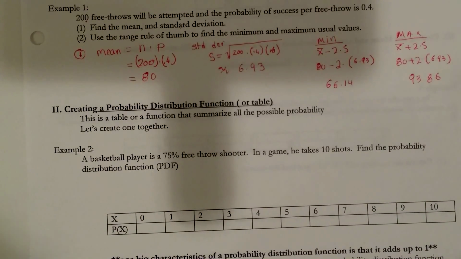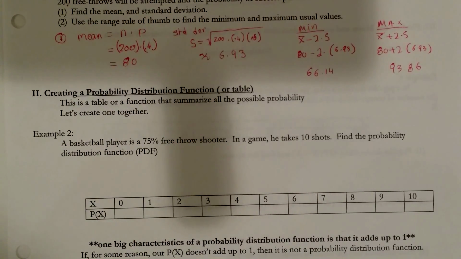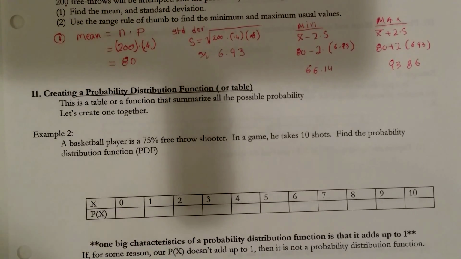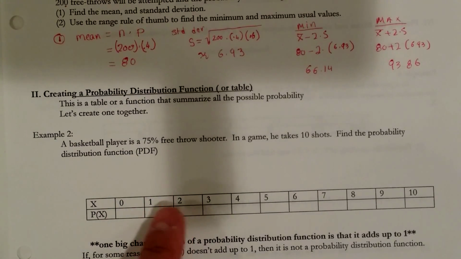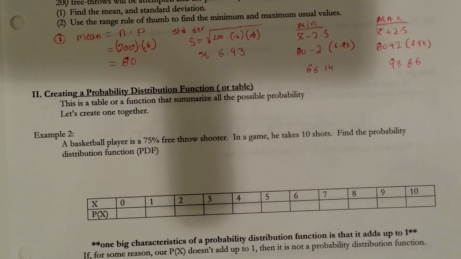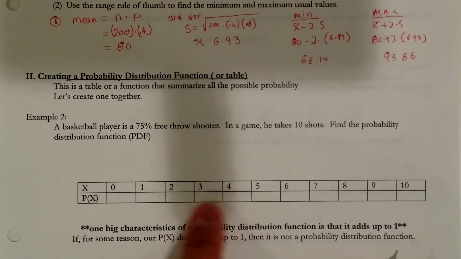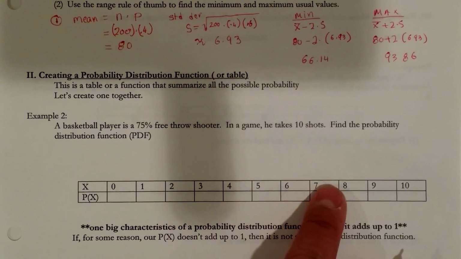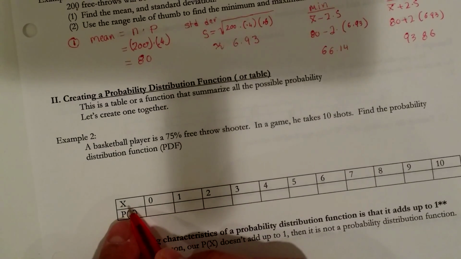So in other words, we want to create a table that summarizes his probability for what's the chance that he will make 0 shots, what's the chance that he will make 1 of those 10 shots, what's the chance that he'll make 2 of those 10 shots, and so on and so forth. Okay, so this is a table that summarizes his probability of making this many shots. First, to be more specific, we need to know what X stands for.